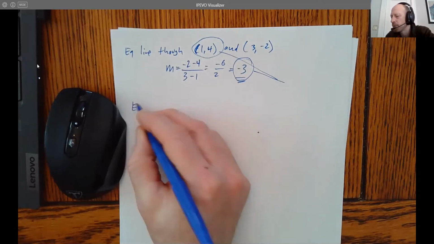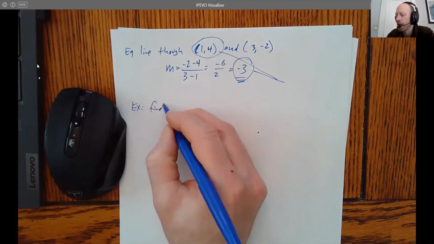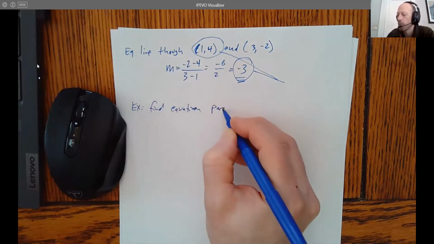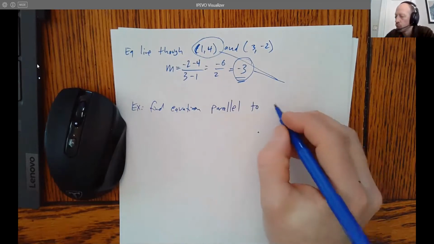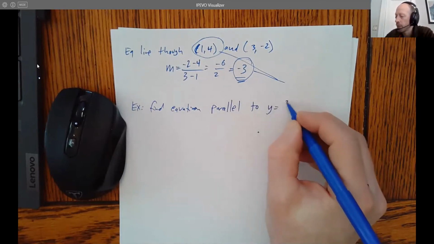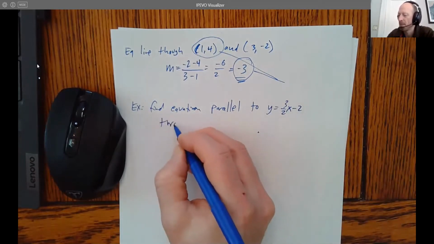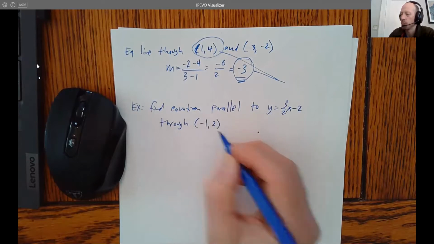Another way: find the equation of the line parallel to y = 3/2 x - 2 through -1, 2.